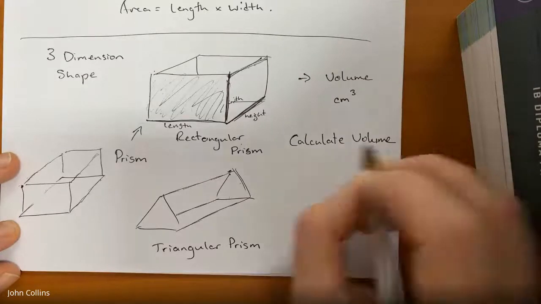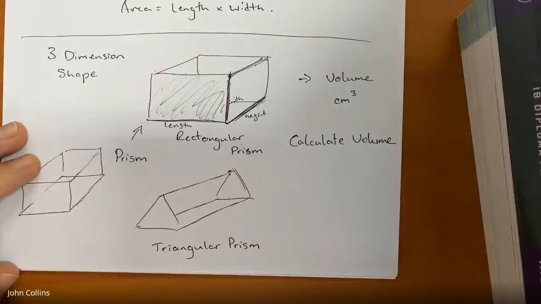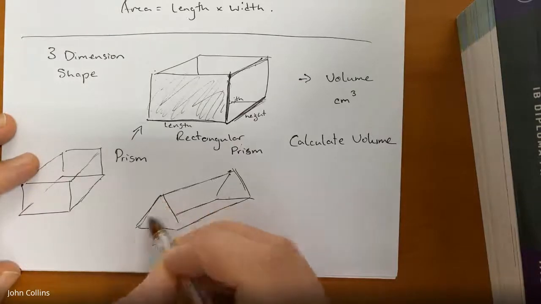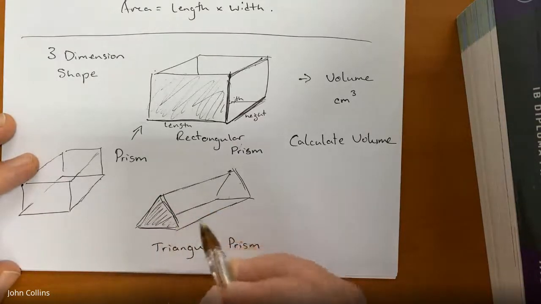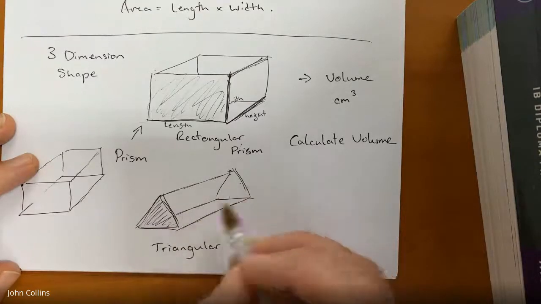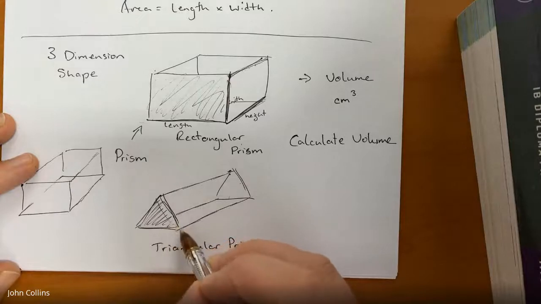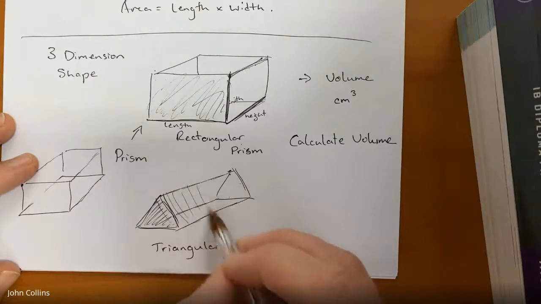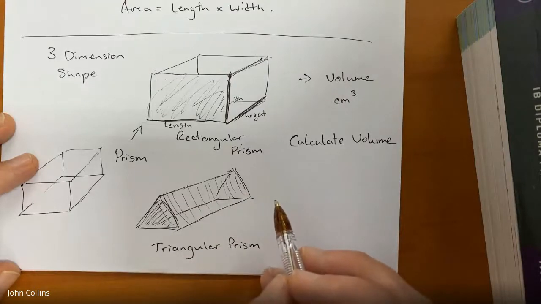does anyone know how to calculate the volume of a prism? Would it be like the face that you scribbled on, the area of that times the height? Exactly, yeah. So if you look at this triangle here, if I know what the area of the front of this triangle is, not worried about how far it goes back, if I know what the area of one slice is, and I multiply it by how many slices there are in it, I've added that 3rd dimension.